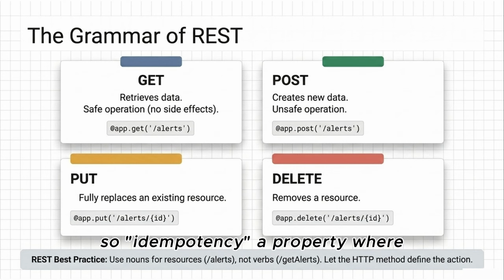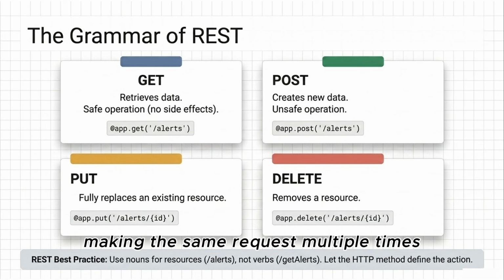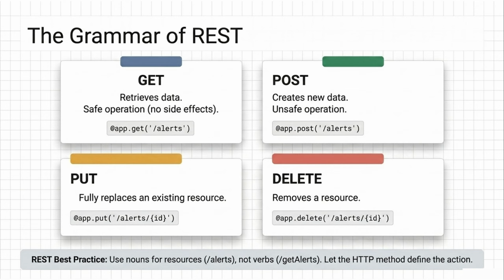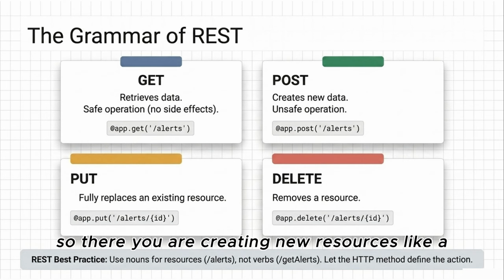Idempotency: a property where making the same request multiple times has the same effect on the server as making it just once. GET follows idempotency. And POST is for creating things, where you are creating new resources.